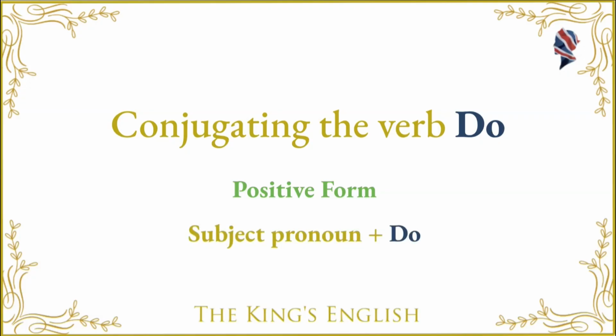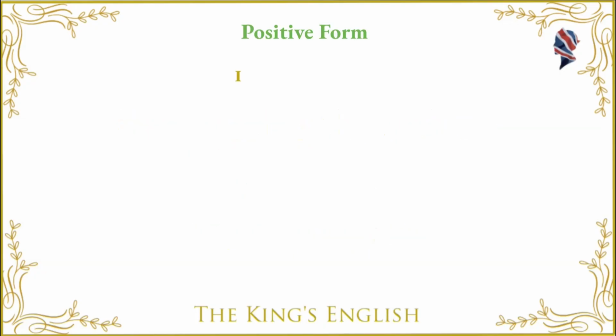Subject pronoun plus do. I is the subject pronoun. Do. You do. He does. We add es for the third person, he, she, and it, in the present simple positive form.